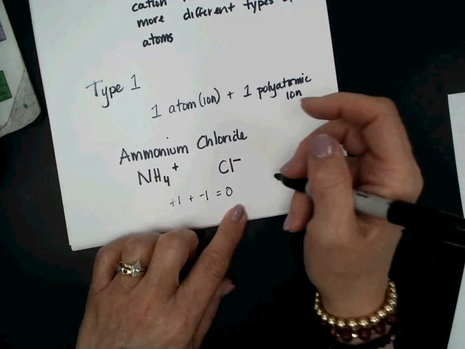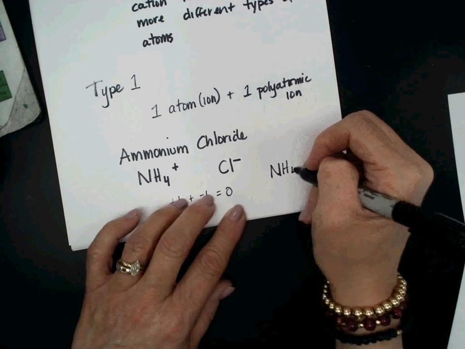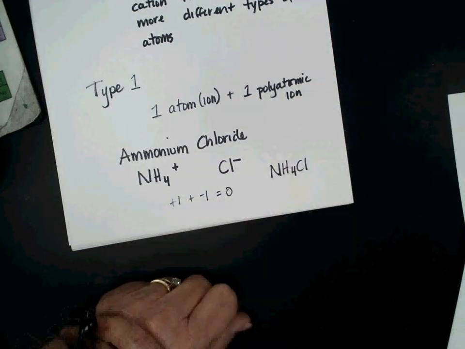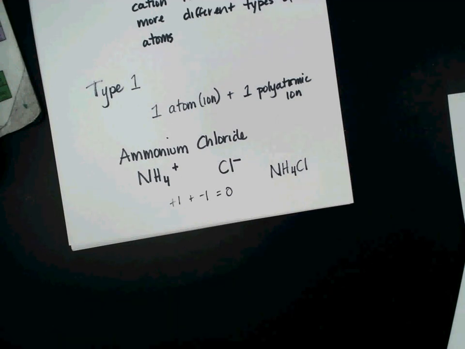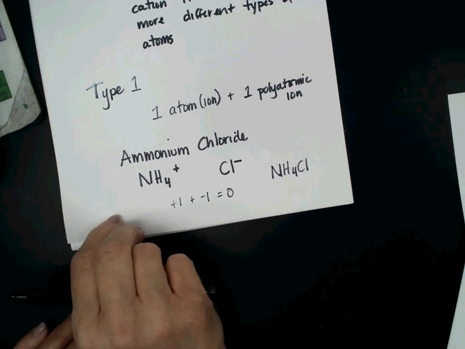Right. This cancels out this. So when I write it, I just write NH4Cl. And I would call it ammonium chloride. So we do our canceling out the same way we did with the other stuff. We just have more atoms involved now.